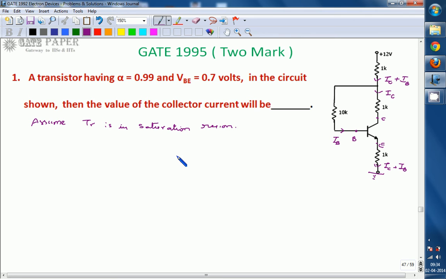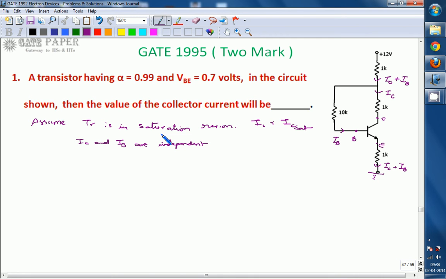The saturation region means the collector current has a constant value, generally treated as IC saturation. The collector current has got saturated, it no more depends on IB. That implies IC and IB are independent of each other in the saturation region.